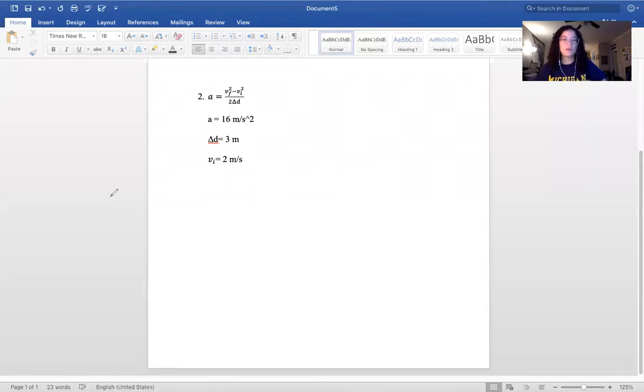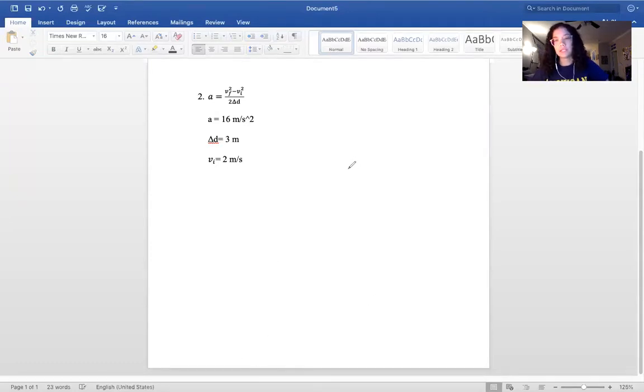I can tell you that the delta D is 3 meters, and I can tell you that VI is 2 meters per second. Great. We have the same formula that we're starting with. Now that I know my givens for this problem, I can take them and plug them in to my equation that was selected.